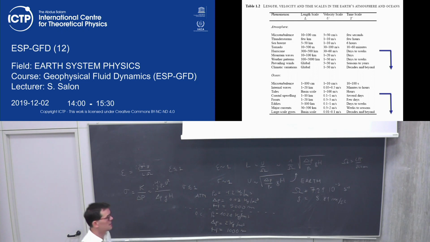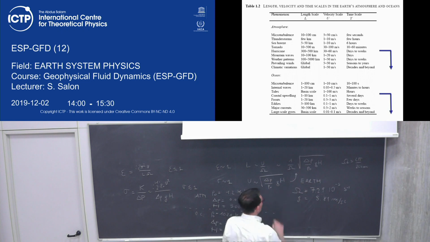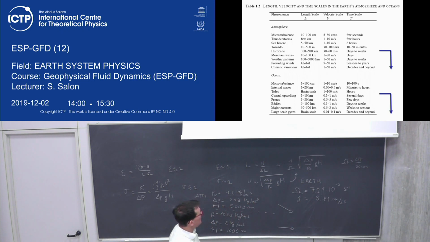So these are very general numbers, and we can use these numbers to calculate the value of L and then of U. For the atmosphere, this is an exercise that you can do by yourself as homework.